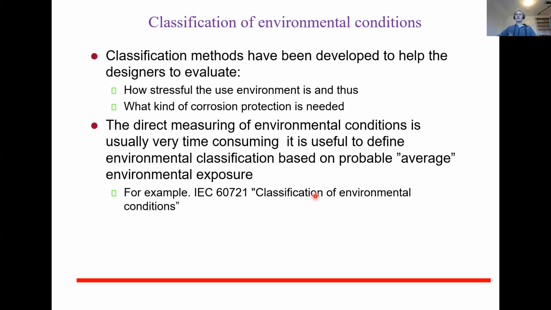Of course, we hope that the analysis states that the conditions are so mild that we don't need to do anything. But then, depending on the severity category of the environment, you have different types of tools in order to prevent the moisture diffusion or the effects of moisture and impurities.